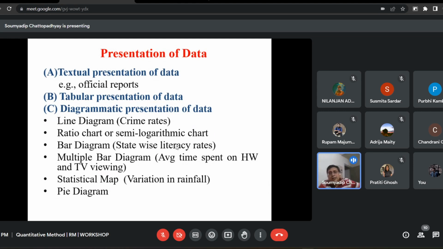Now let us consider the kind of presentation of data. One typical presentation is textual presentation of data. Examples are official reports. Apart from that, you may use a table to represent the data.